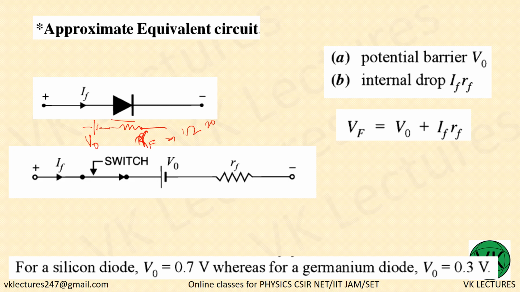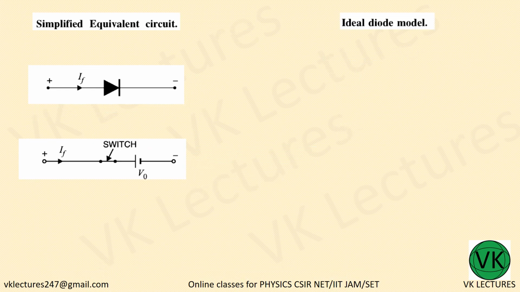Now once again, when a circuit is given, how to identify which equivalent circuit to be used? We will discuss one more, two more. Now another is the simplified equivalent circuit.